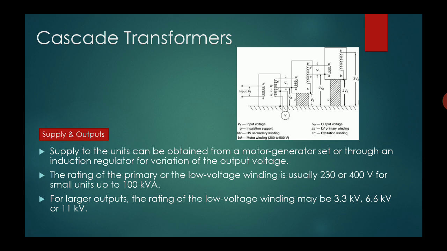The rating of the primary or low voltage winding is usually 230 or 400 volts for small units up to 100 kVA. For larger outputs, the rating of the low voltage windings may be 3.3 kV, 6.6 kV, or even 11 kV. So these are the ratings and outputs of the cascaded transformers.